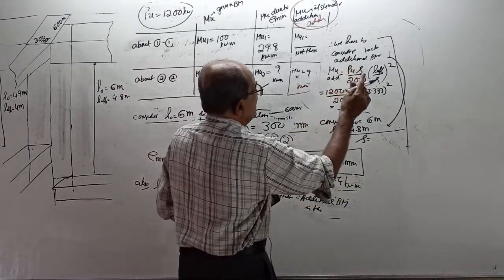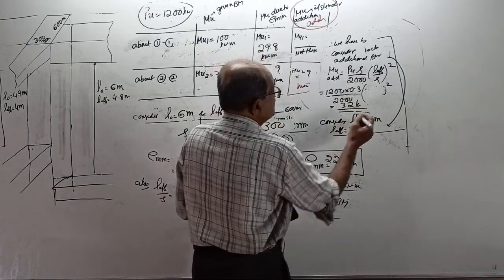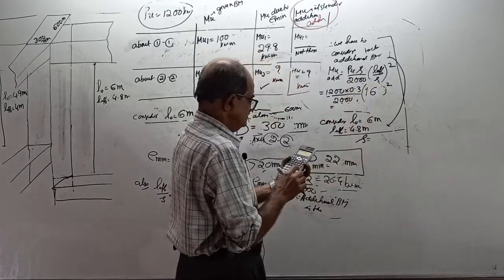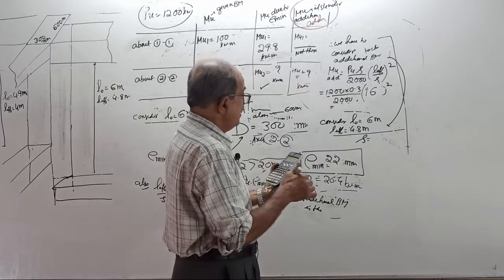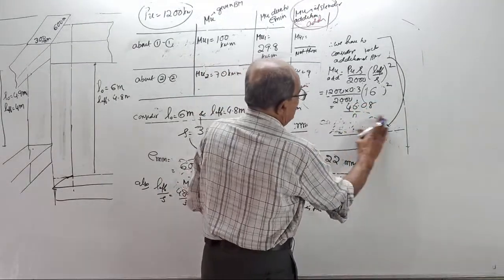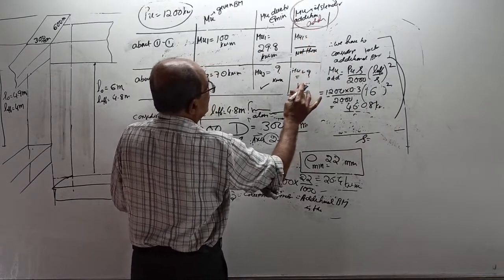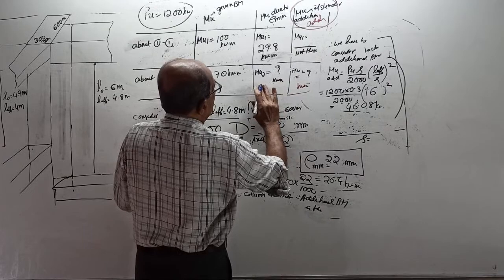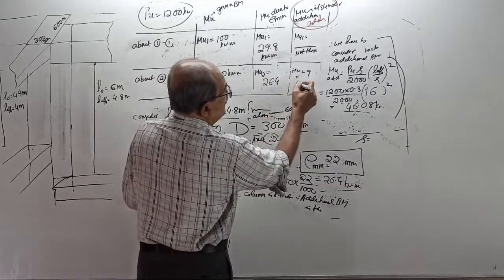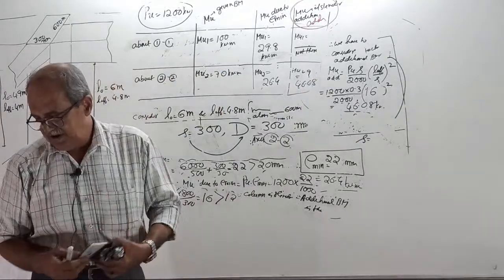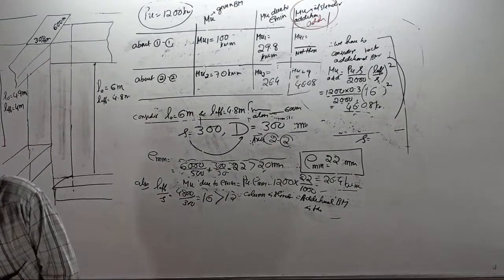And additional BM is 1200 into 0.3 by 2000 into 16 square, which will come 46.08 kN-m. So here I am writing the E minimum moment as 26.4 and the additional BM as 46.08. Now it is fully ready. Correct answer?